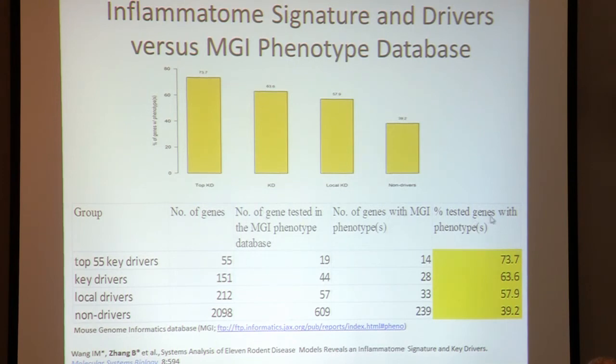The top drivers and the global drivers are in descending order of importance. That's what we found from this key driver analysis of the inflammatory gene signature and the consortium of basic networks.